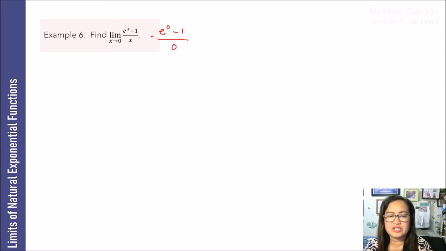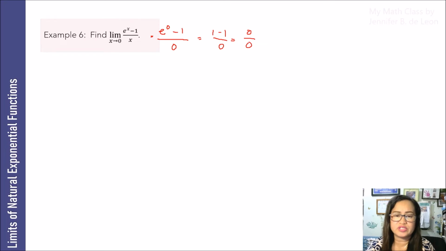So e raised to the 0 minus 1, we will have 1 minus 1 over 0. Simplifying that, we have 0 over 0. So this is an indeterminate form.